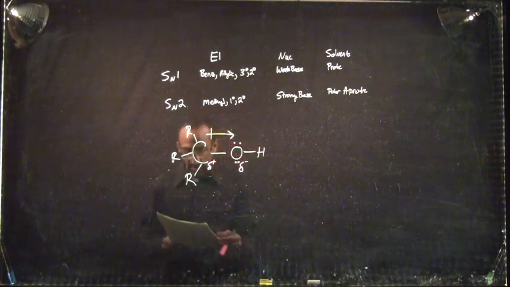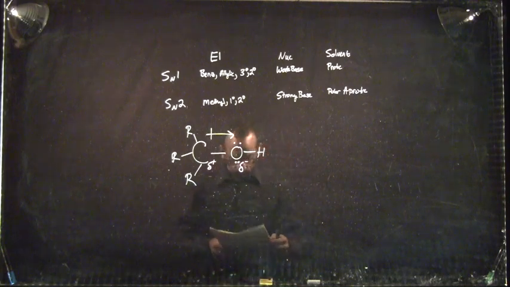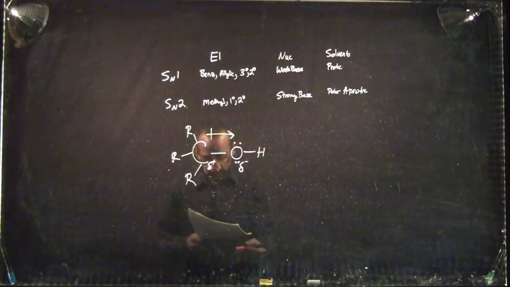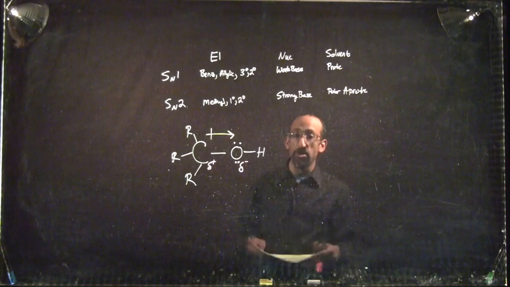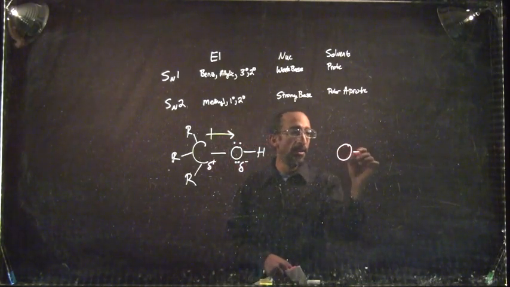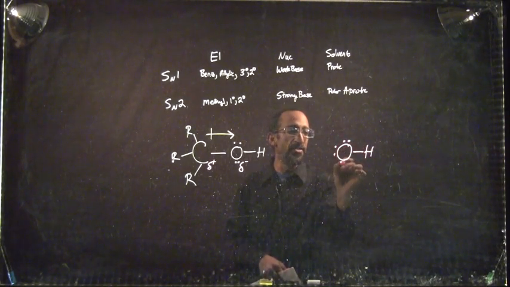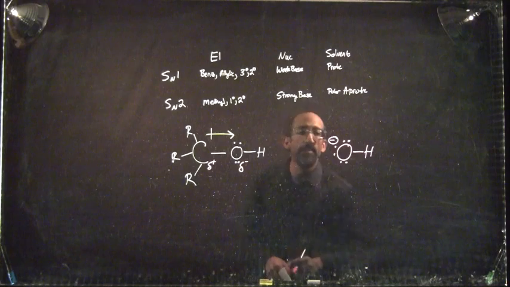Next, we need to examine the leaving group. Here our leaving group is OH minus. When it dissociates, either through an SN1 or SN2 mechanism, we're going to end up with a strong localized charge on that leaving group.